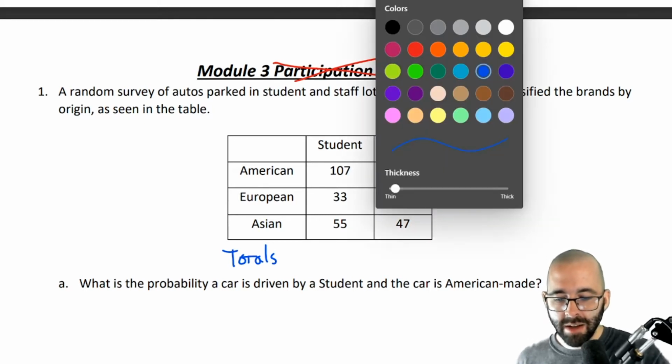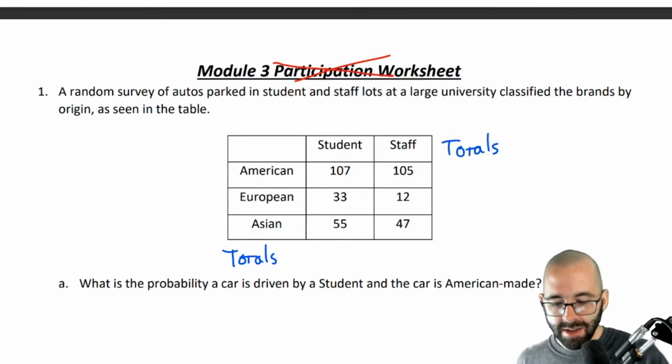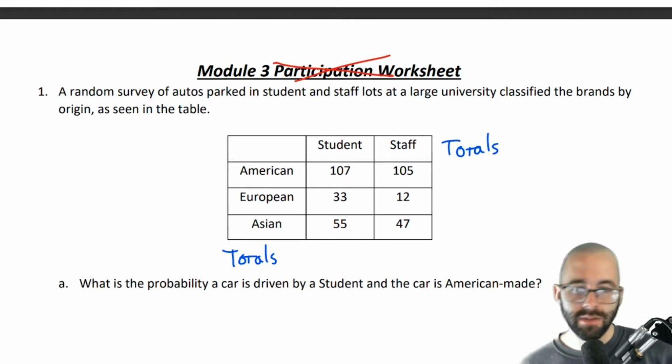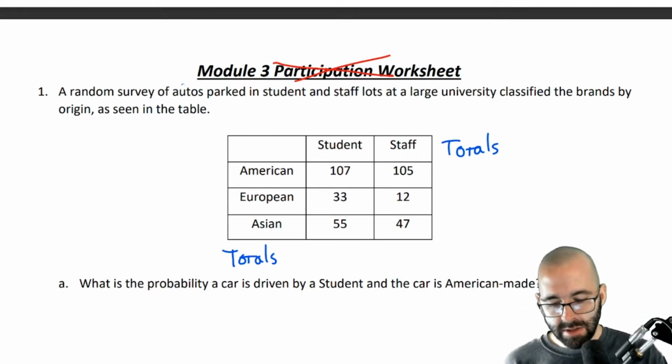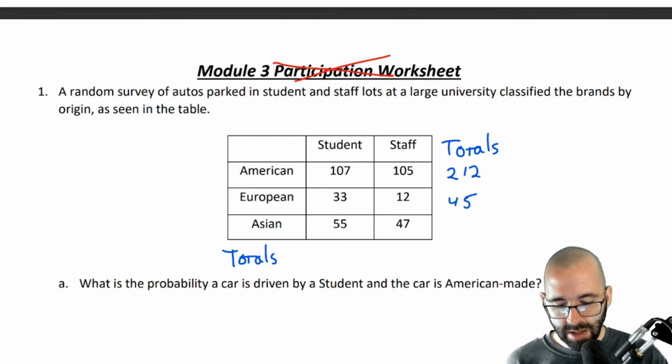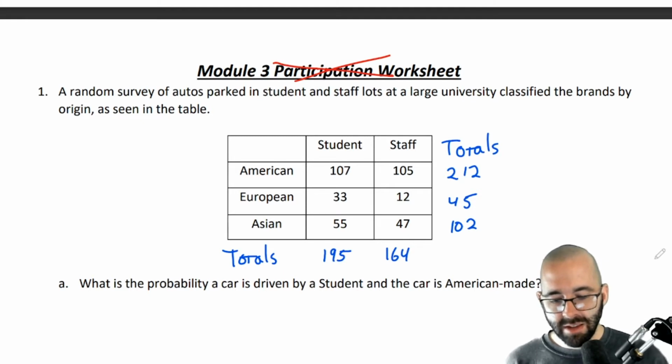Adding these up, this is going to be 212, 45, 102, and adding up all of these, 140, 195, 117, 164.